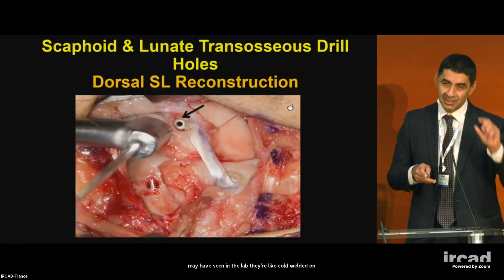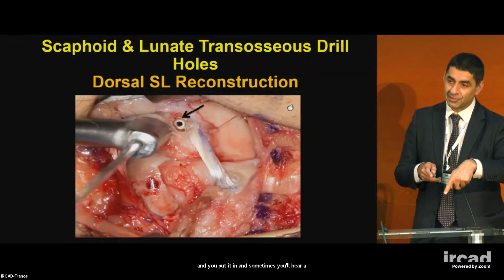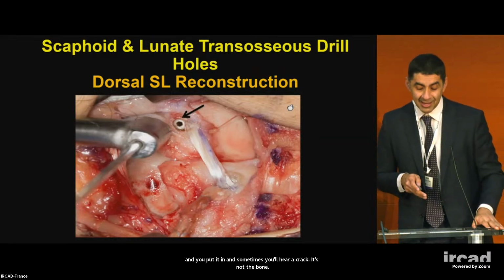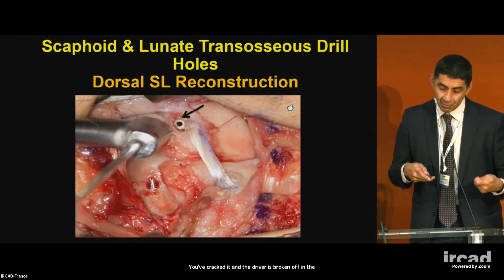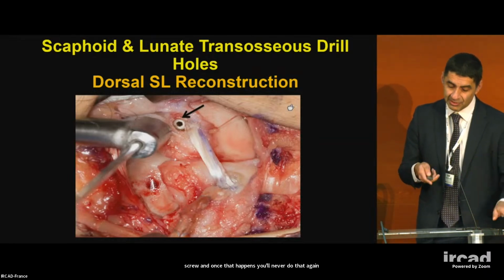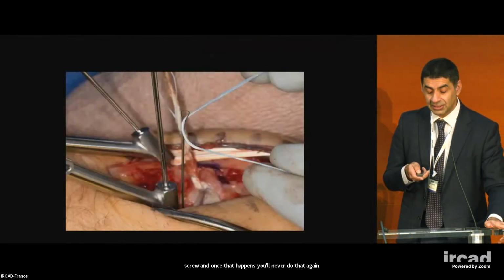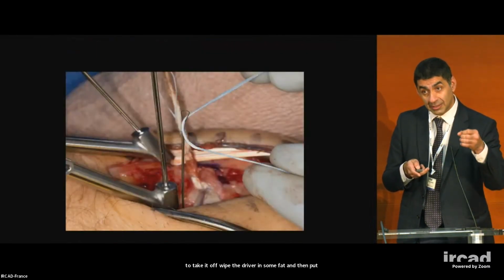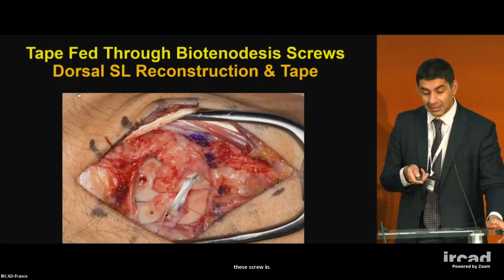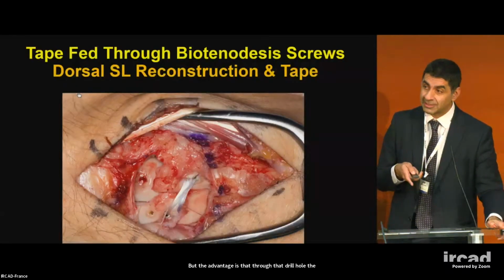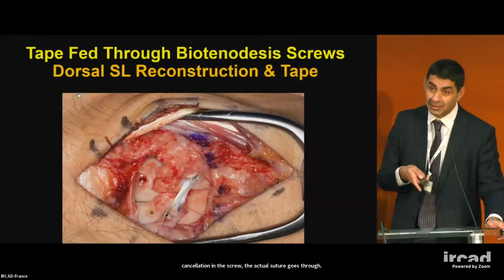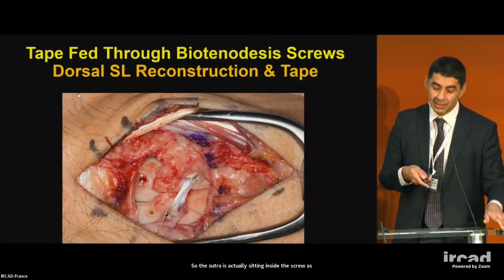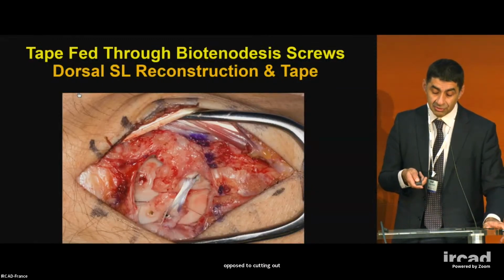It's not the bone, you cracked it and the driver is broken off in the screw. And once that happens, you'll never do that again. So take it off, wipe the driver in some fat, and then put the screw in. But the advantage is that through that drill hole, the cannulation in the screw, the actual suture goes through. So the suture is actually sitting inside the screw as opposed to cutting out through a transosseous drill hole.